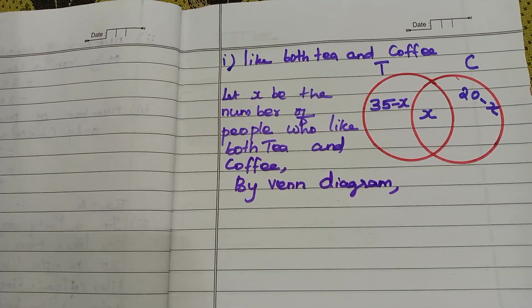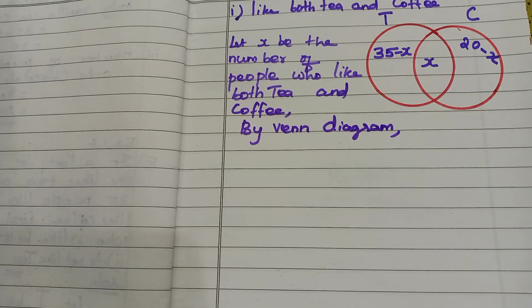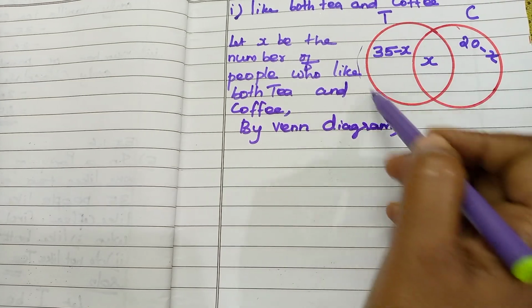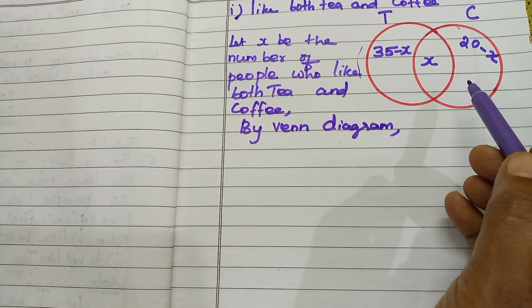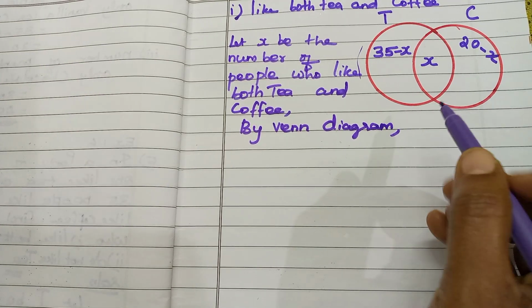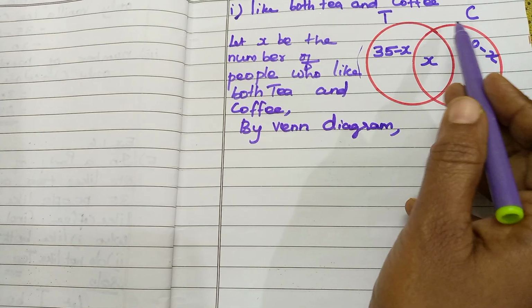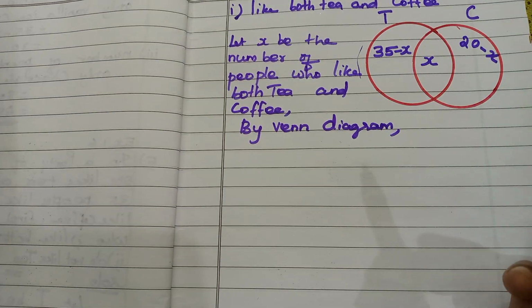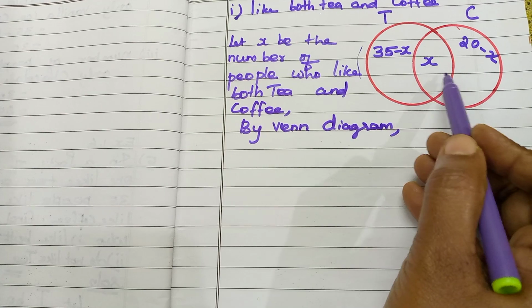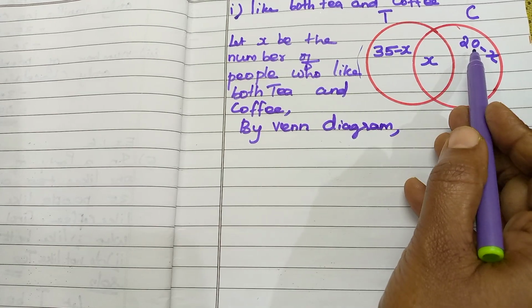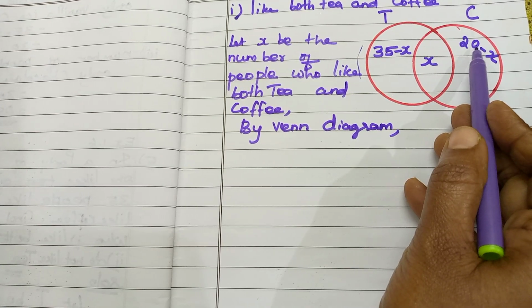Both means the intersection part alone. Here T and C together is given as 45, there are 45 people. So tea is 35 minus x, the intersection part is x, and coffee is 20 minus x.